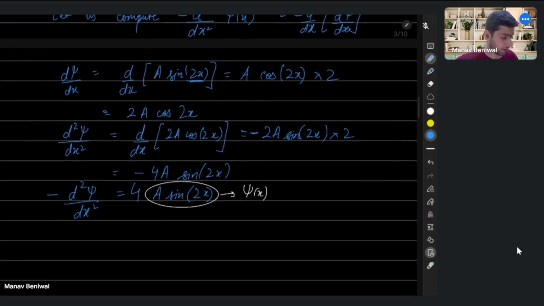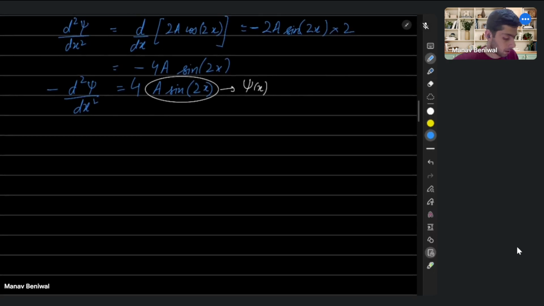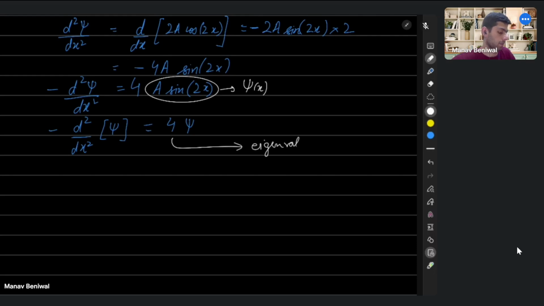Therefore we can write that our operator, which is minus d2 over dx squared, when it operates on psi, we get 4 times psi. Therefore, by the definition, this is the eigenvalue. So the correct answer is 4.